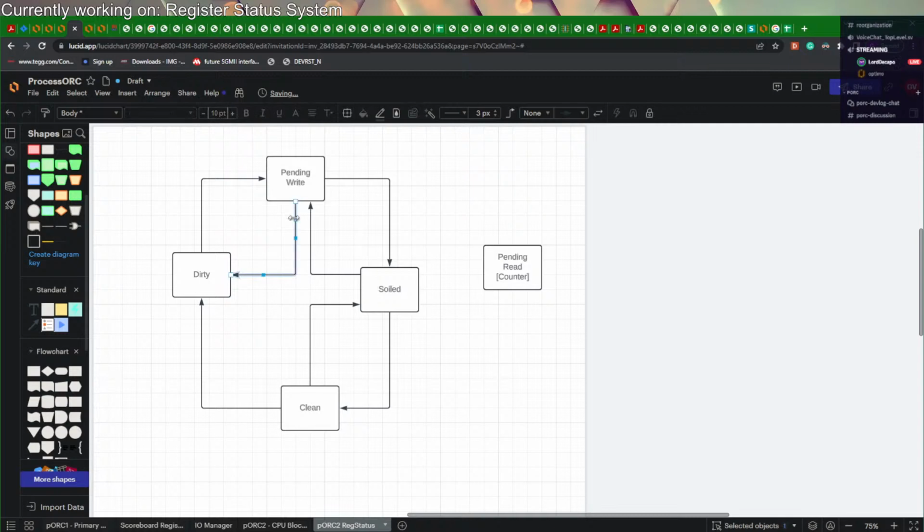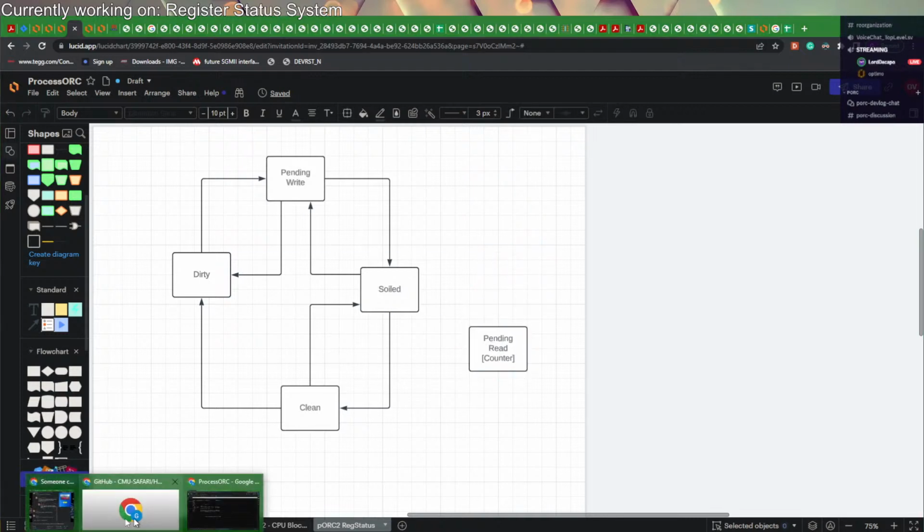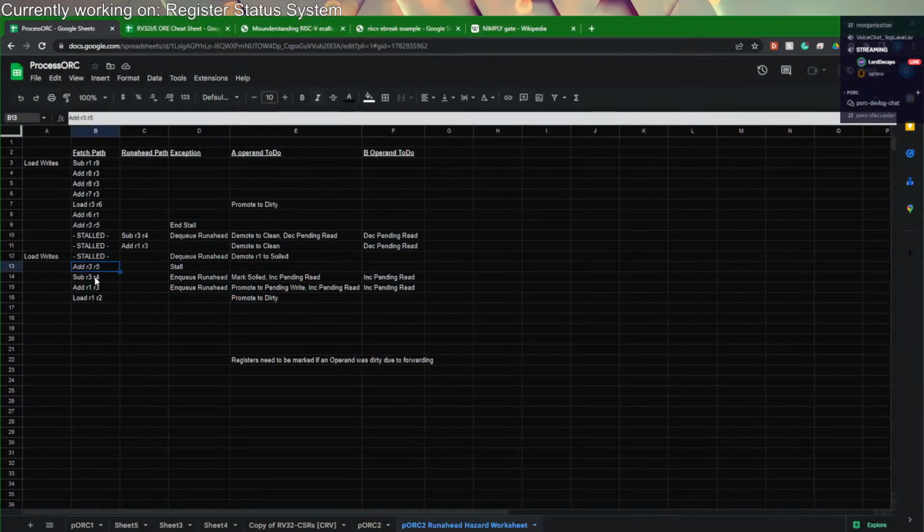So what soiled is going to represent is if you're to be read. So in this use case that we have right here, since this instruction is in the run ahead queue, you can't run this sub because it's going to corrupt R3. So this is pending in the run ahead queue. So R3's state needs to be preserved.